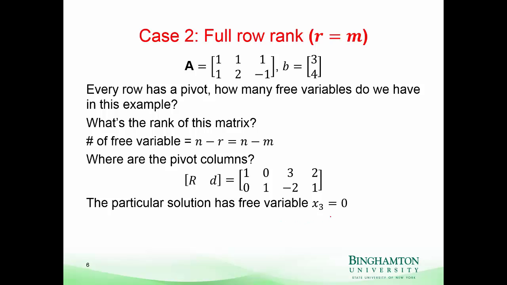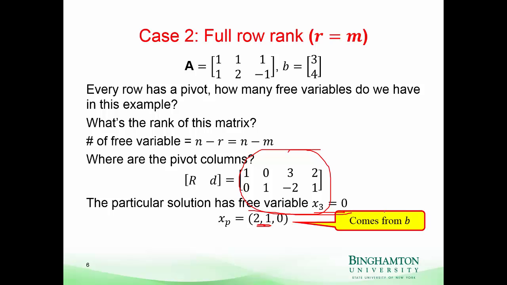And so we can find the particular solution. Remember, we set the free variable or free variables in general equal to 0. In this case, since there's just one free variable, we just set that 1 equal to 0. And then solve. So we would put in x3 equal to 0 into this system and solve, and we would find that the two pivot variables are 2 and 1.